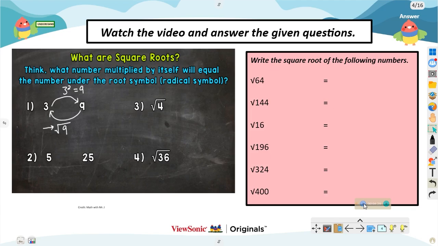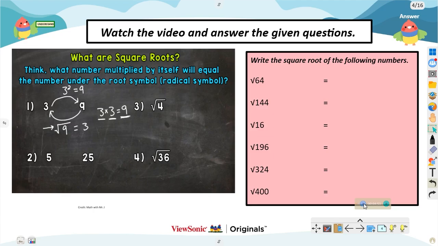Well, we know 3 times 3 equals 9, so the square root of 9 is 3. So a number times itself equals the number under the square root symbol. So the square root of 9 equals 3.